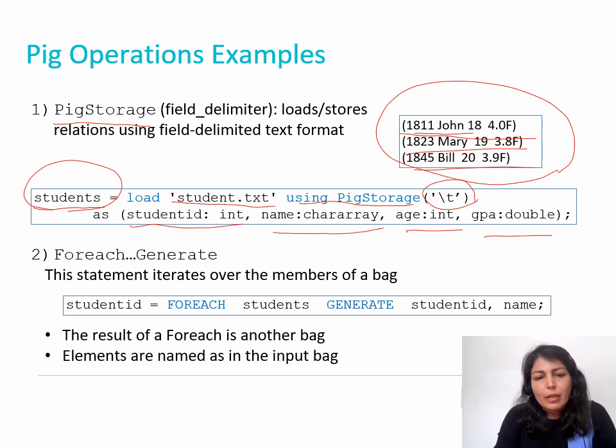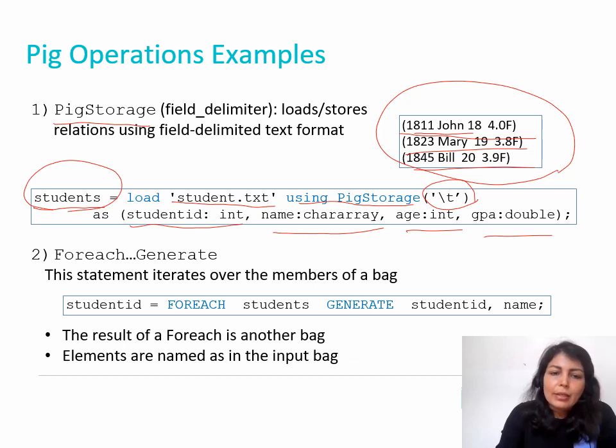So we want to analyze it. The second operation that I'm going to explain is FOREACH GENERATE. This is very similar to SELECT in SQL, so we want to extract some of the elements into another bag. You can see the studentID is another bag, which will have the result.